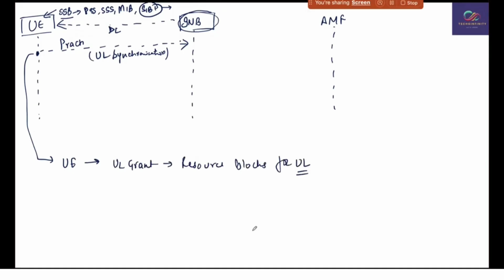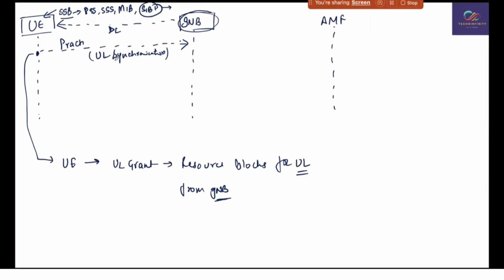For uplink, you need resource blocks from whom? From Gnode B only, because Gnode B is the master. Gnode B is going to schedule it. But right now we didn't get any grant from Gnode B, because we have only decoded SSB, the master information block and the system information block, right?